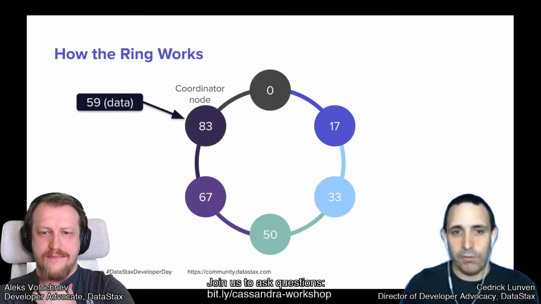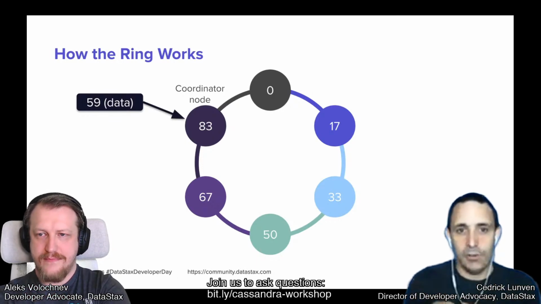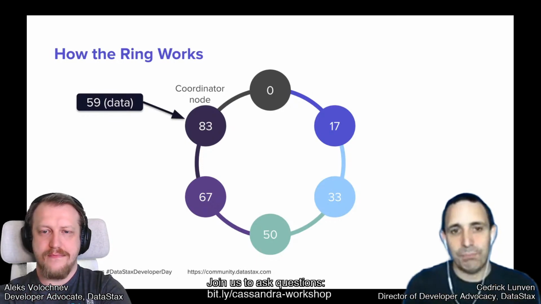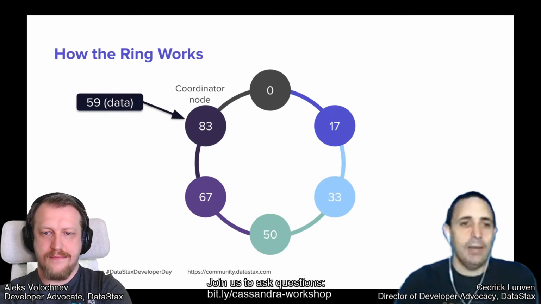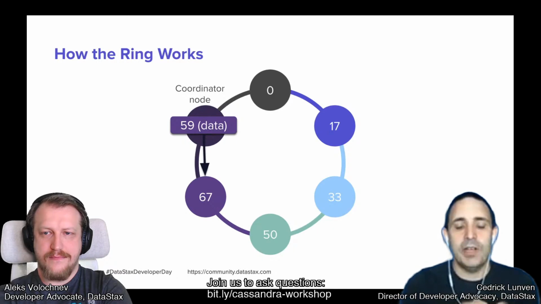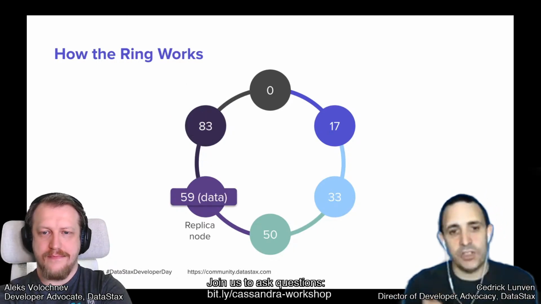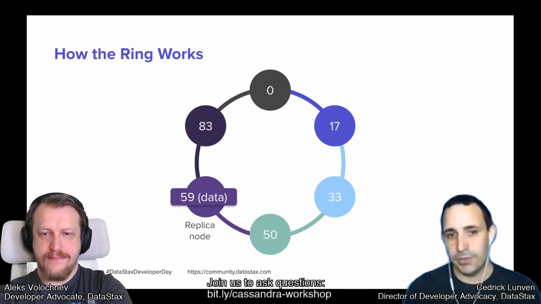For each request, the node receiving the request is the coordinator node. This guy says, I'm not in charge of 59, so I will simply move 59 to the guys who are in charge of it, the replica nodes. And I'm happy with that.